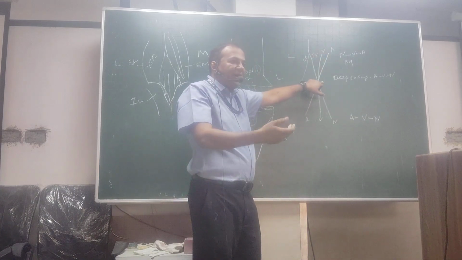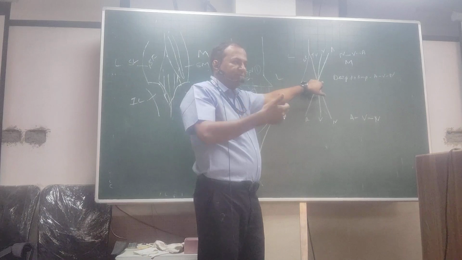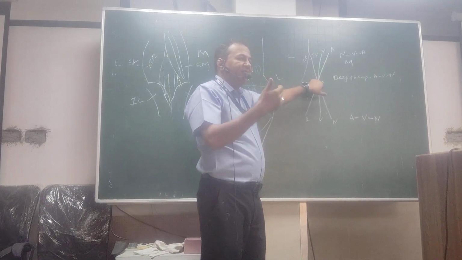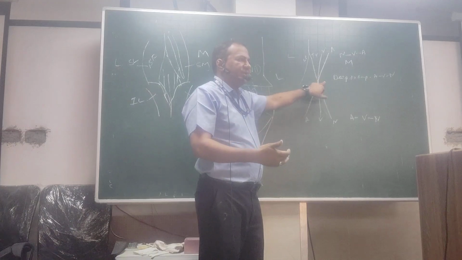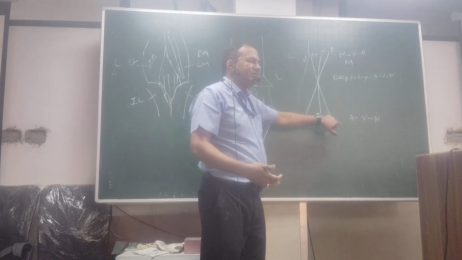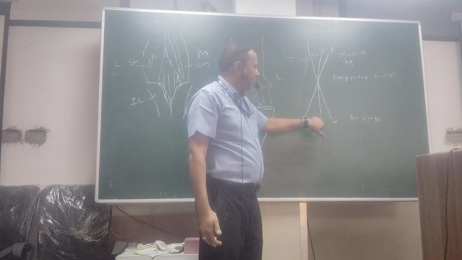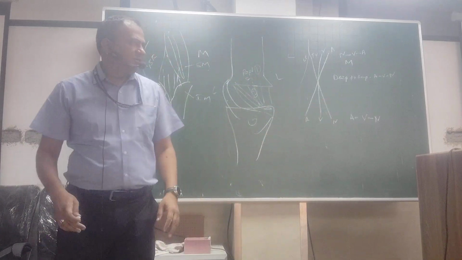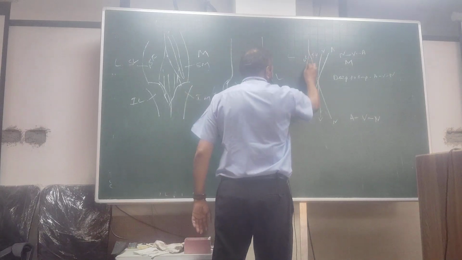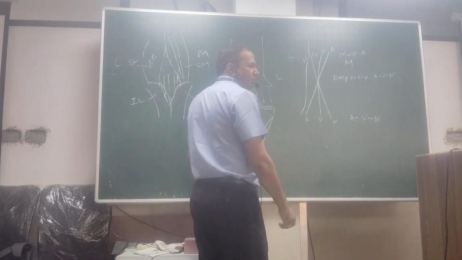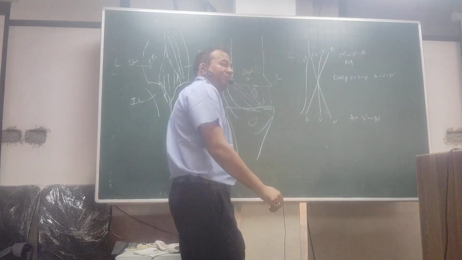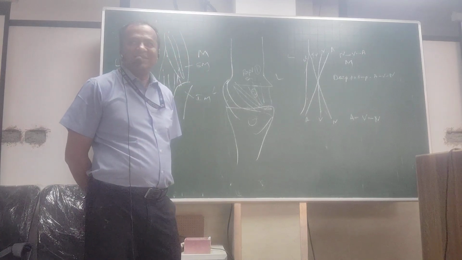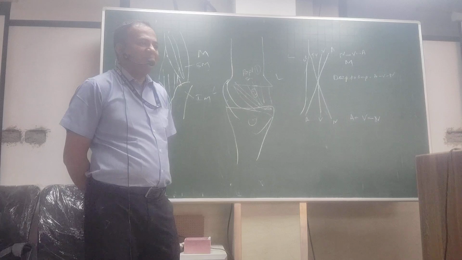In the middle part, anterior to posterior, deep to superficial, the artery is the deepest: artery, vein and nerve. And the lower part, medial to lateral, is nerve, vein and artery. This is its contents. Apart from that there will be the common peroneal nerve. Then popliteal lymph nodes. Then popliteal pad of fat.